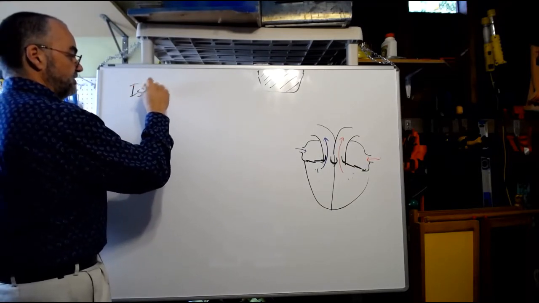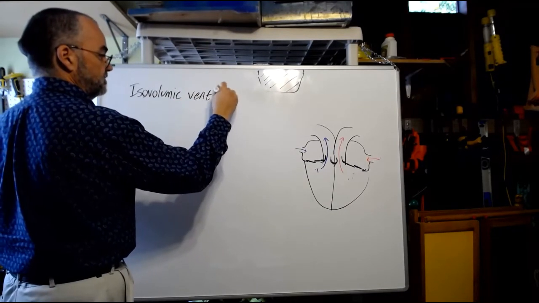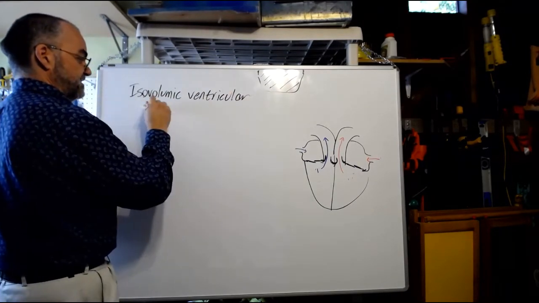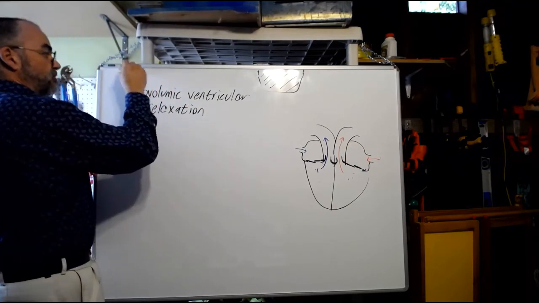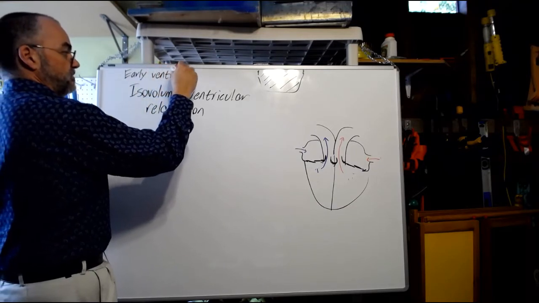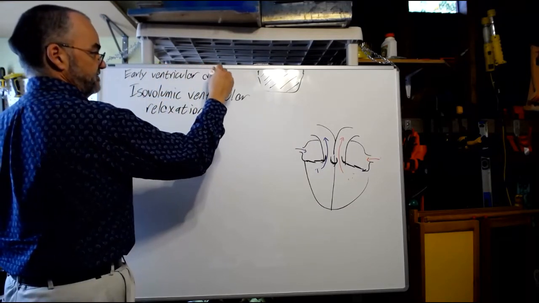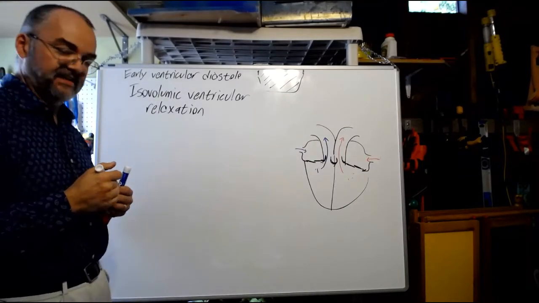isovolumic ventricular relaxation, which is sometimes called early ventricular diastole. This is the name I prefer, isovolumic ventricular relaxation.